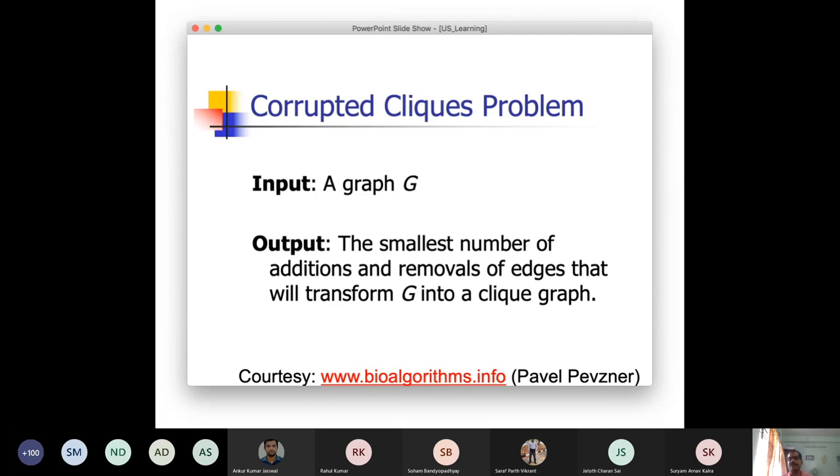So the problem, once again, formally, if I state it: your input is a graph, formed from data points as I mentioned, and the output is the smallest number of additions and removals of edges that will transform G into a clique graph.